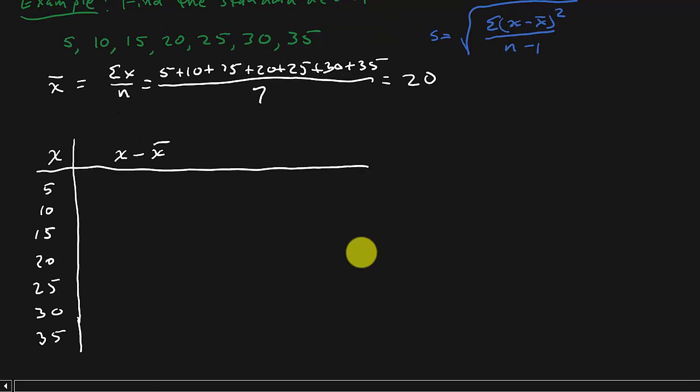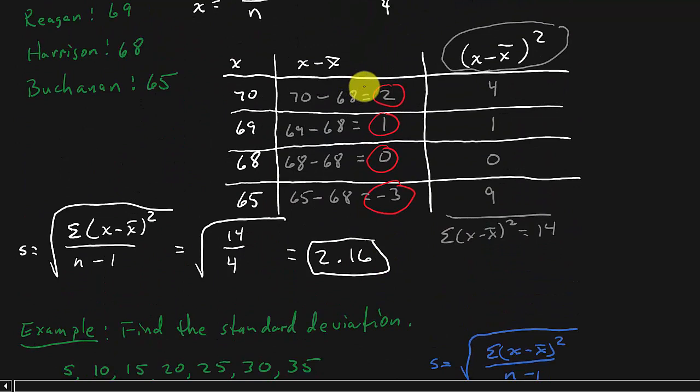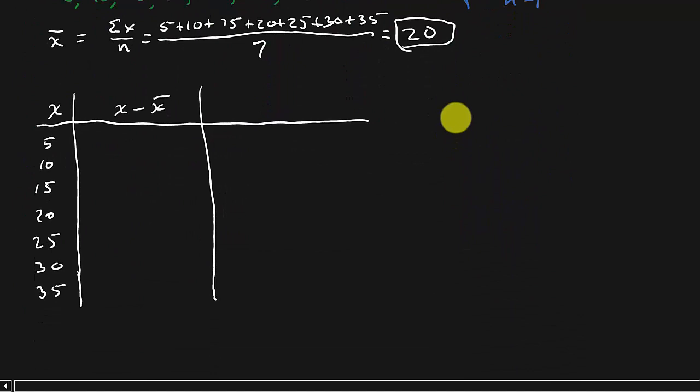Okay, so remember x bar is 20. And so, I mean, you can write 5 minus 20 is negative 15, like I did before. See, if you need to write this part of it out, that's fine. Or you can just write this out. It doesn't matter.